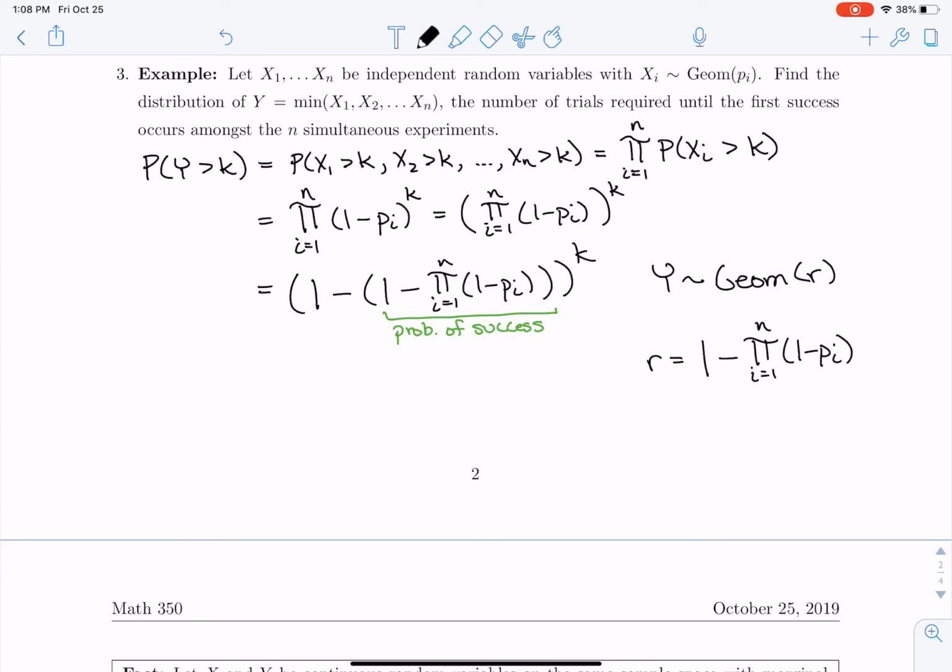So here, if we want to list out what the distribution is, the probability that y equals k, because it's a geometric random variable, is the probability of failure, 1 minus r to the k minus 1 power times r.